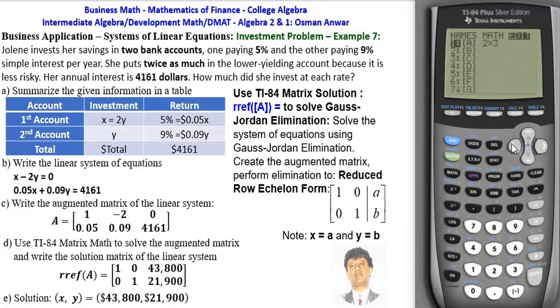Okay, so here it is, second matrix. We're going to add it. It is 2 by 3. Then simply enter the values. The x values are 1 and 0.05.